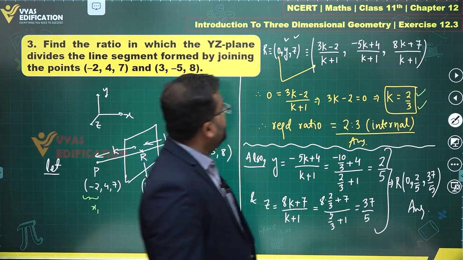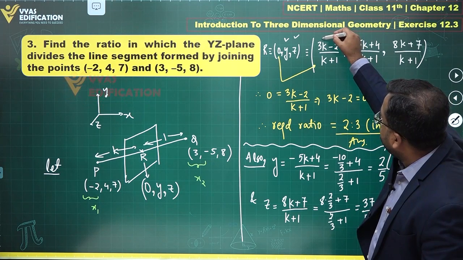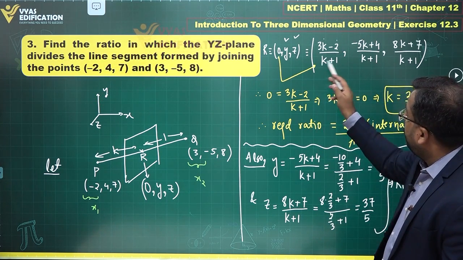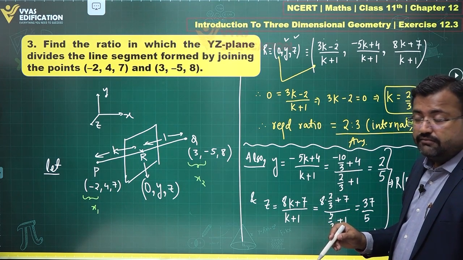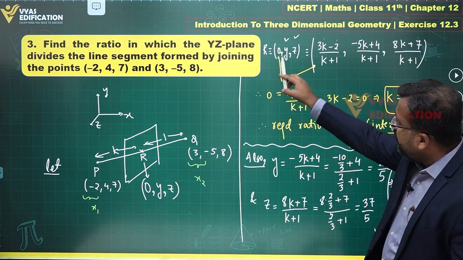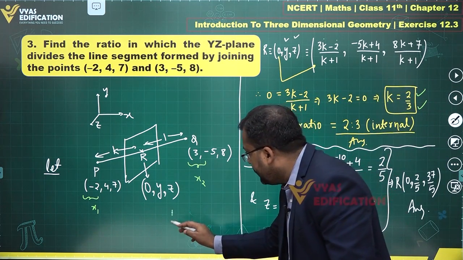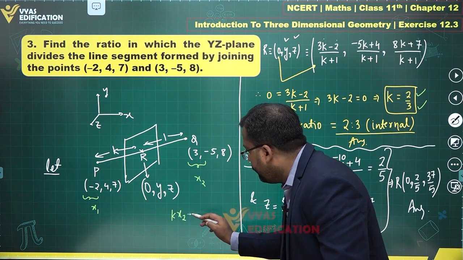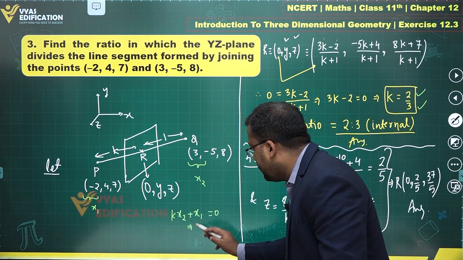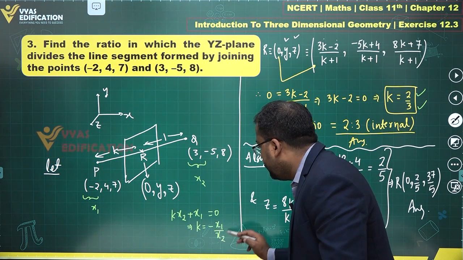Do you observe that this will be k times x2 plus x1 upon k plus 1, and equal to 0? K times x2 plus x1 upon k plus 1 equals 0, that tells me k will be equal to minus x1 upon x2.